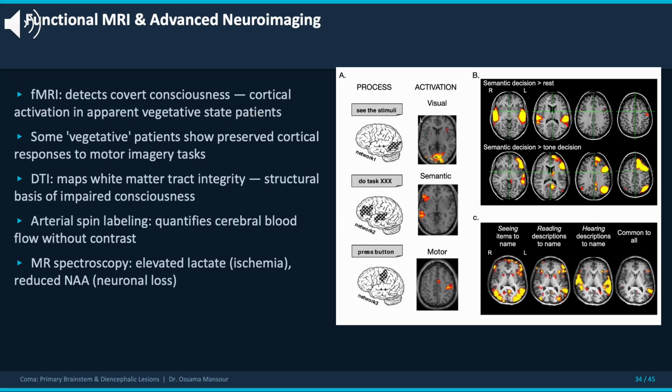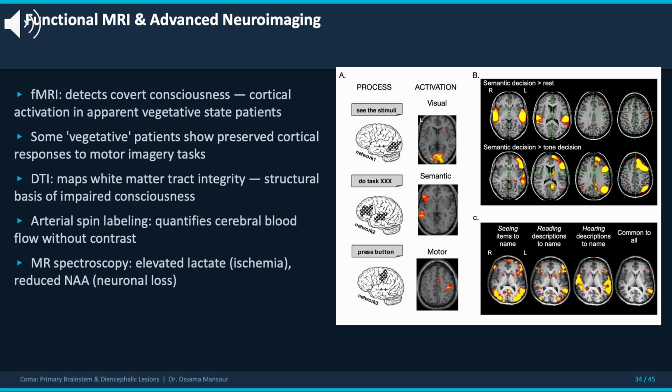Functional MRI represents an exciting frontier in the assessment of comatose patients, offering the potential to detect covert consciousness, awareness that cannot be detected by standard behavioral examination.